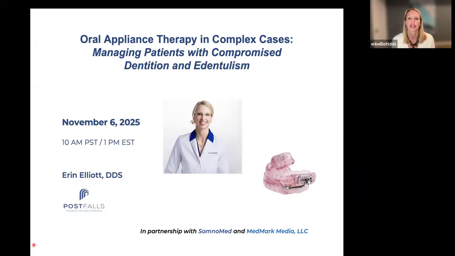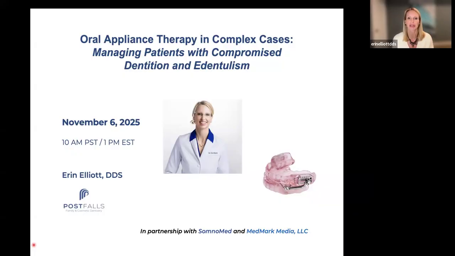Now, I also oftentimes have to put my handpiece down and put my stethoscope on, as I say, when I'm treating sleep patients. Now, people with compromised dentition don't often have the epitome of perfect dental health.